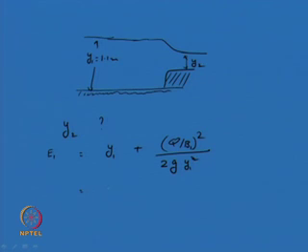This comes out to be 1.1 plus 2.8 by 3.5 whole square by 2 into 9.81 into 1.1 squared. So, this comes out as 1.127.